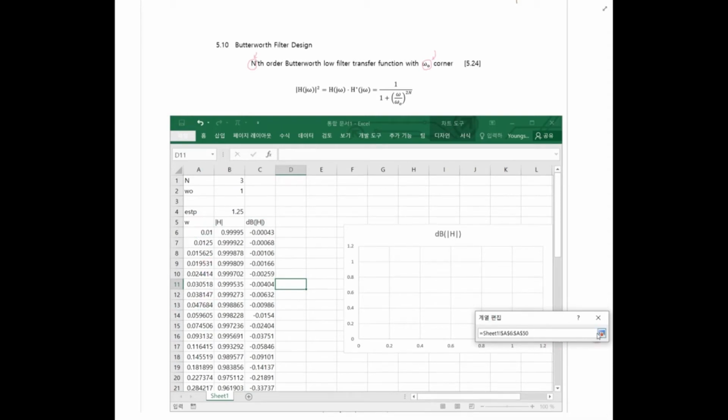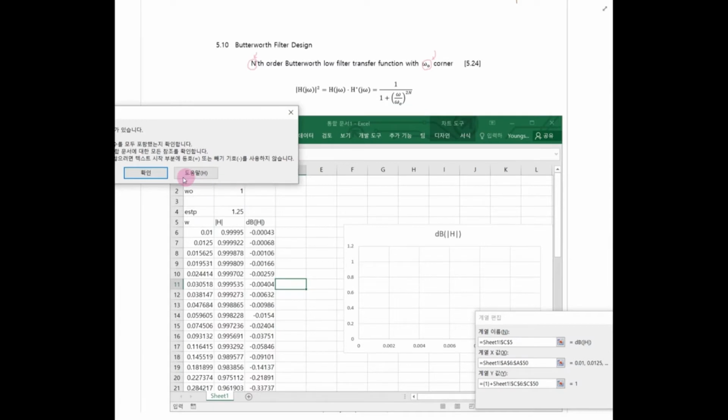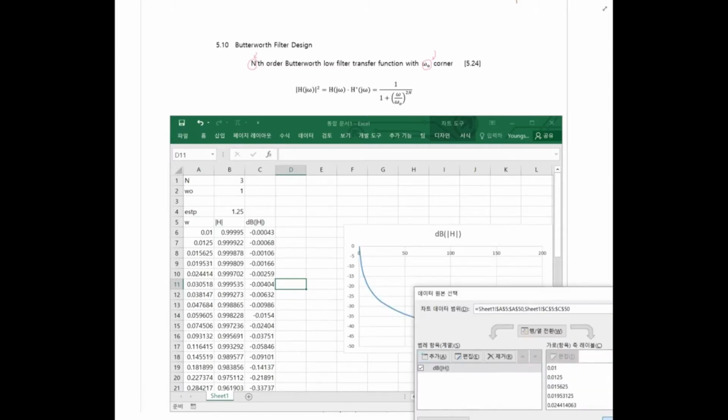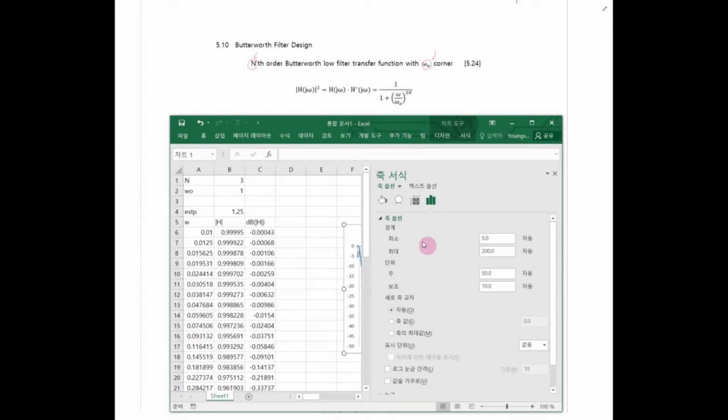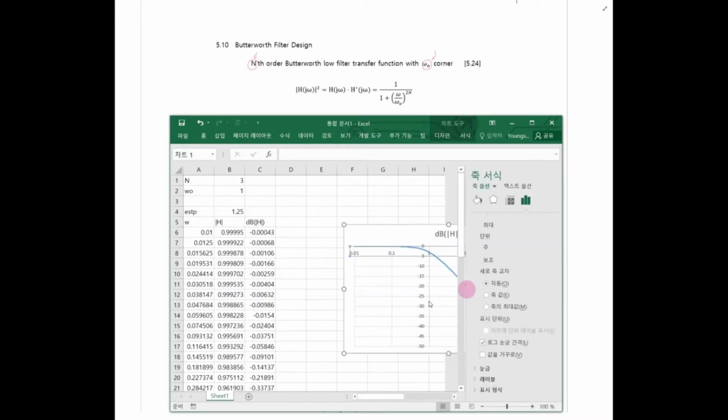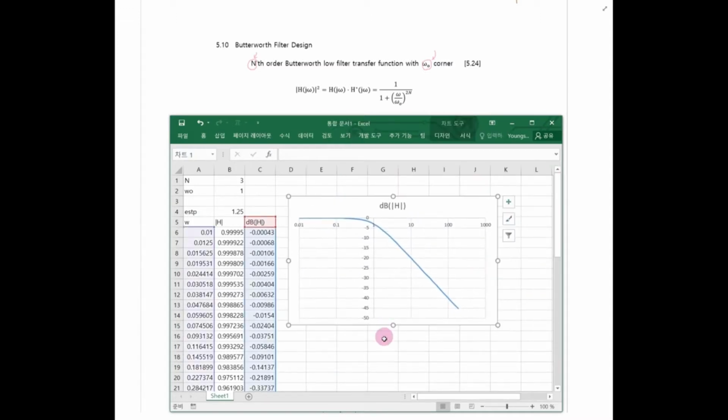Also I need to take this part as a log scale. Then this is the Bode plot for this function. In this case, its corner is normalized at 1, and the filter order is 3.